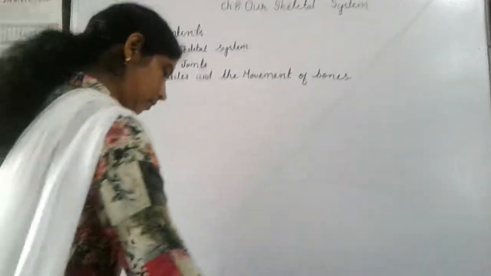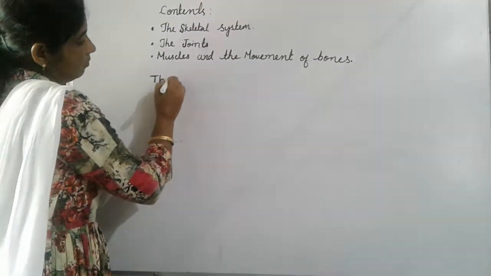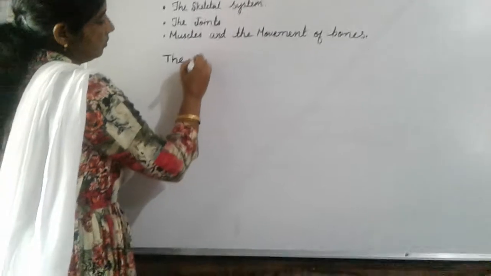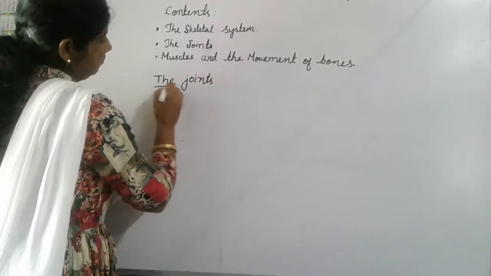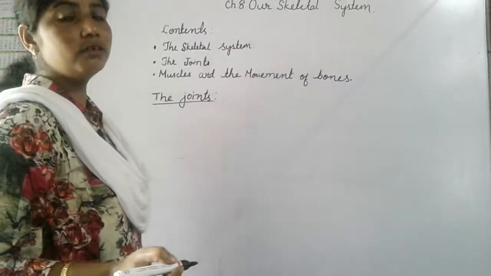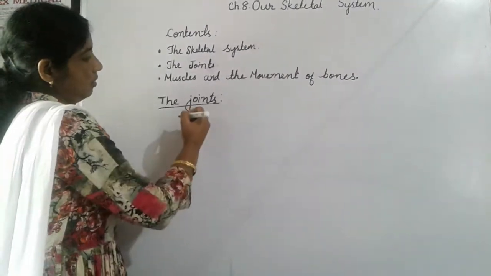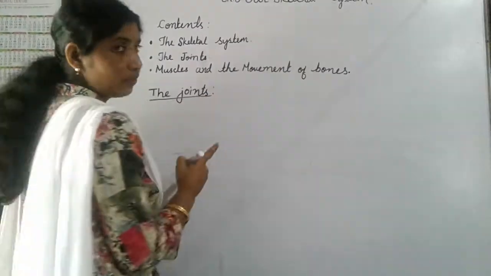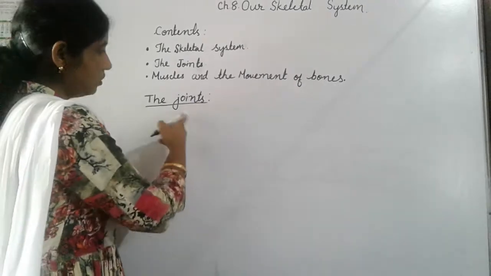So we will study about the joints. What is called a joint? You have already got this in earlier classes. A place where two or more bones join is called a joint.